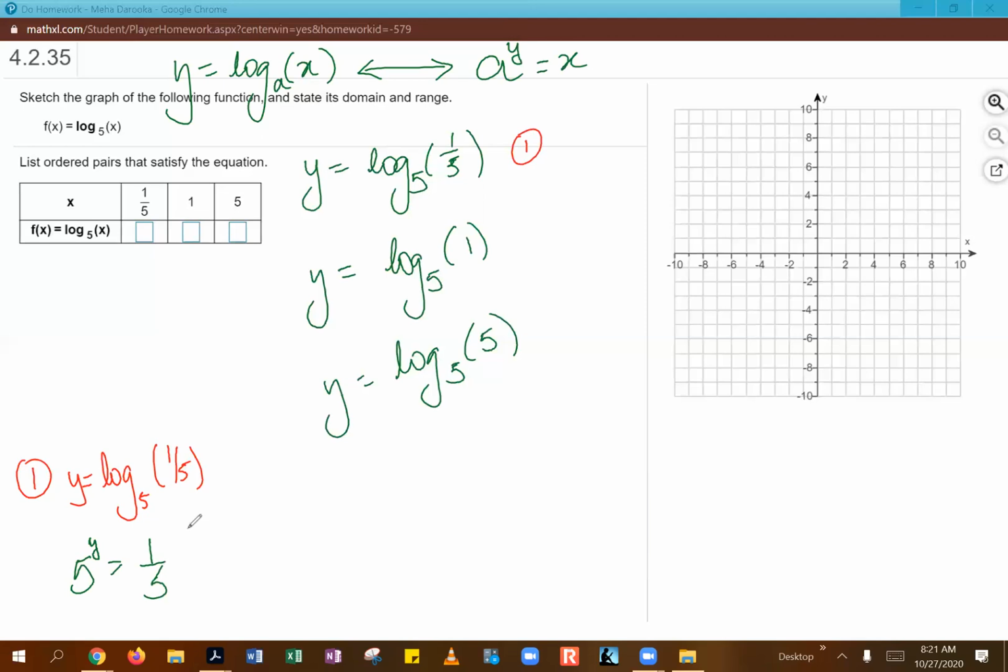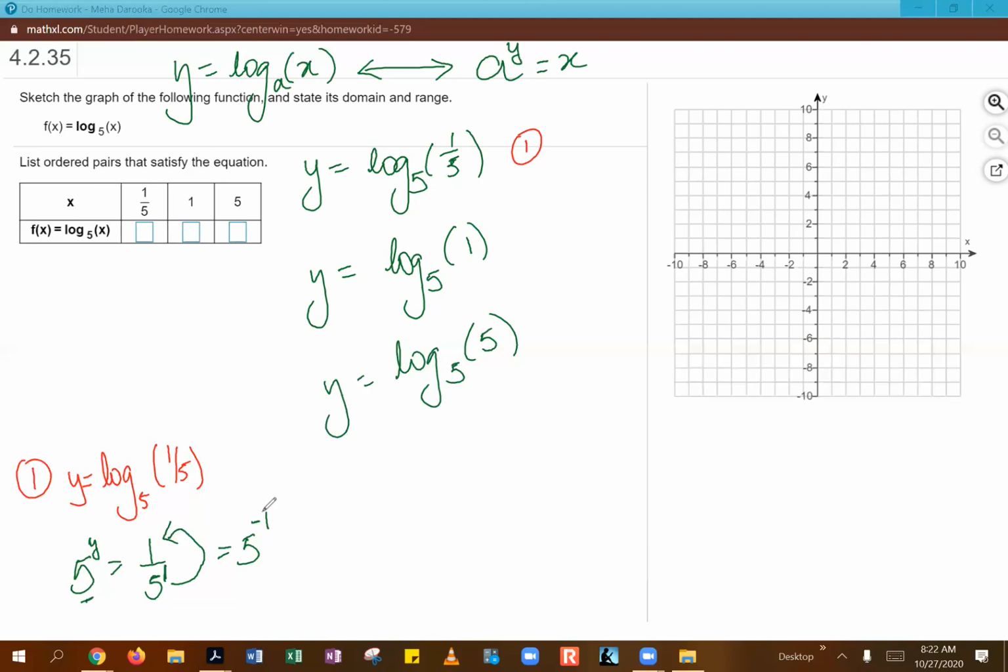Now, when you have that 5 in the denominator, it's understood that it has an exponent of 1. So when we move that 5 from the denominator to the numerator, it would, of course, end up becoming 5 to the power of -1. And remember, this is where we use that one-to-one property for our exponential functions.